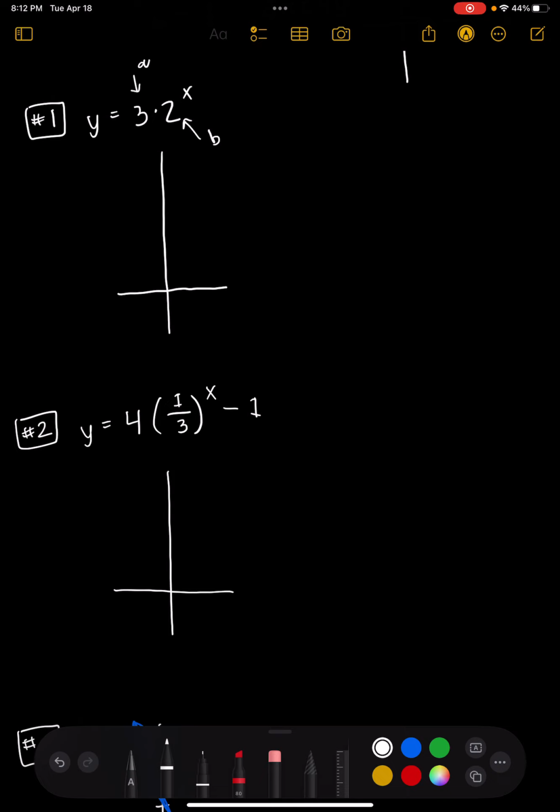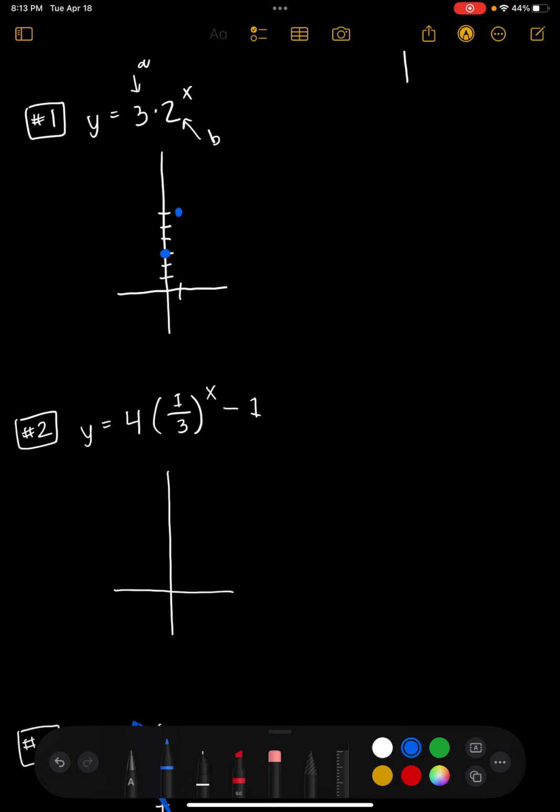And remember, I told you that the a is kind of like your y-intercept. So I'm going to start at 3. I'm going to put a point right there at 3. Then from there, that 2 represents how fast I'm changing. So I take my y-intercept, which is 3, and multiply it by 2. So 3 times 2 gives me 6, which tells me that when I move over 1, I'm going to multiply by 2, and I'm going to get to 6.